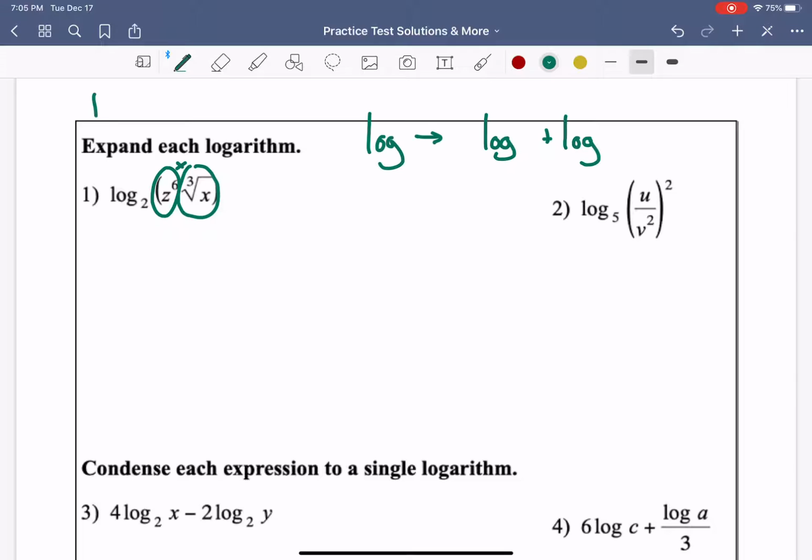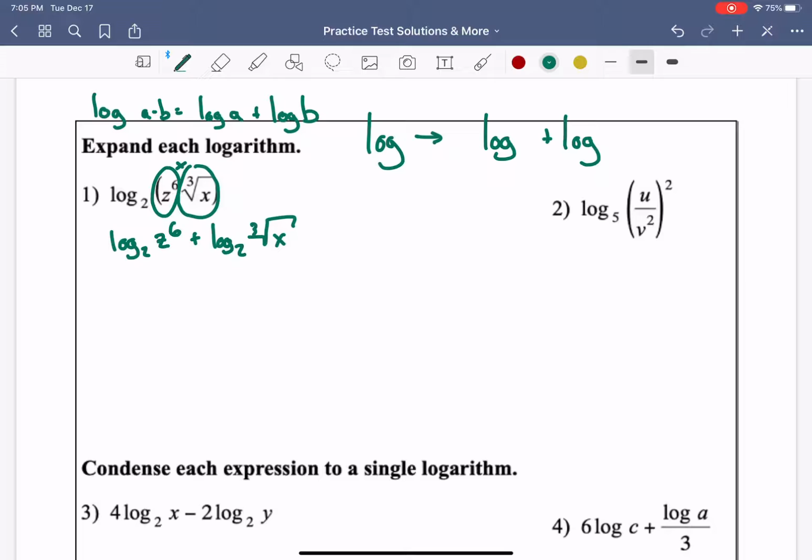And our log rule says log of a times b will equal log of a plus log of b. So when we separate these, we get log base 2 of z to the 6 plus log base 2 of the third root of x. We separated it. Now let's deal with that exponent.